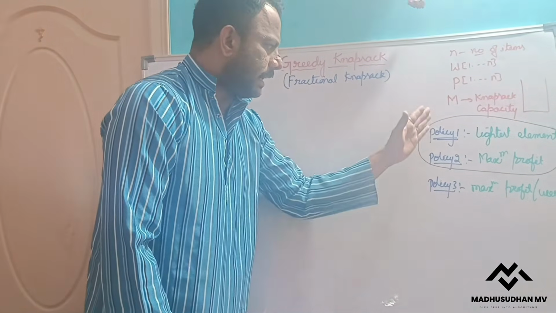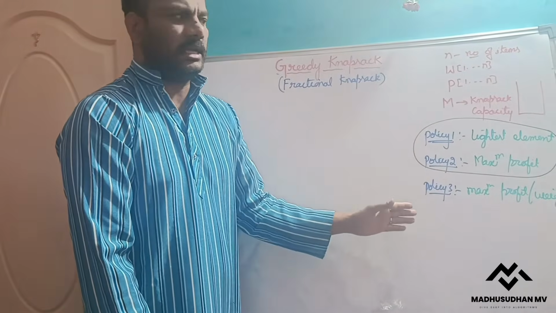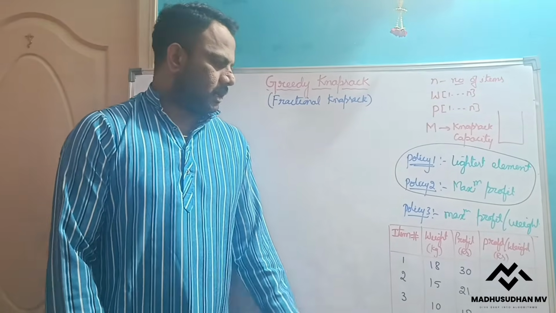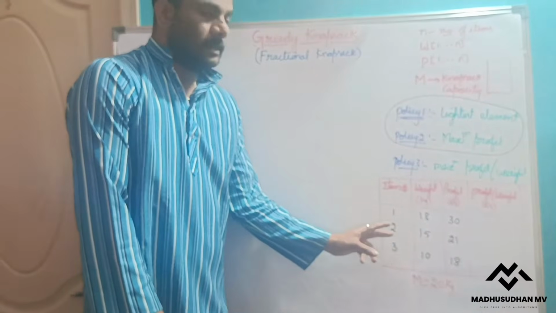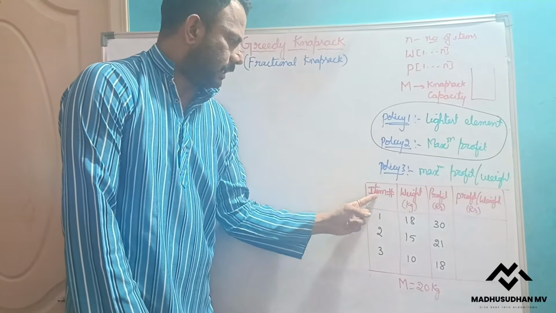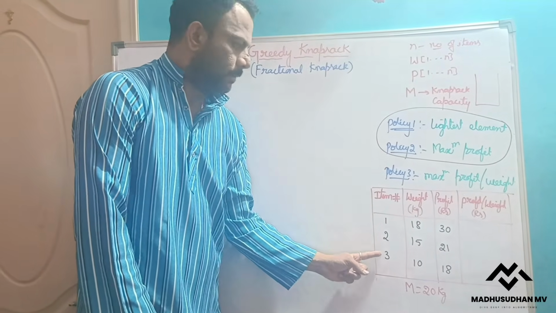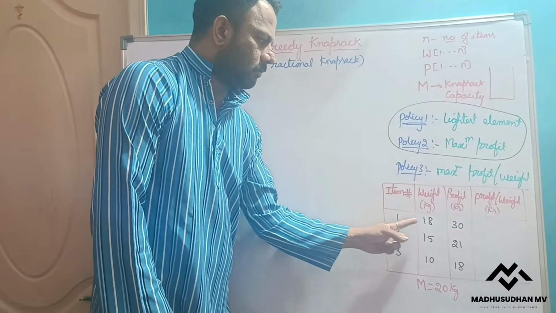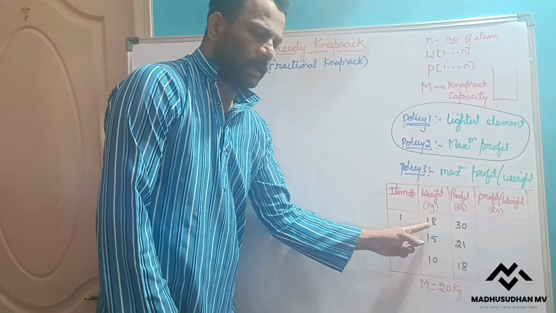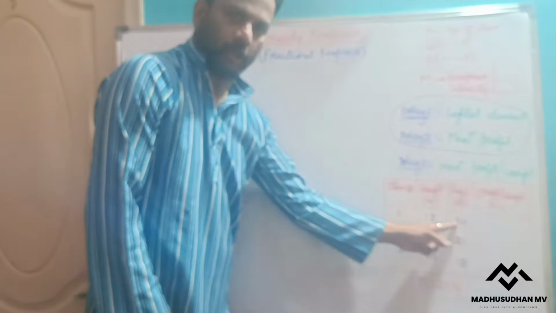Now to show the difference between these three, I will take one small example. Let us consider there are three items: item 1, item 2, item 3. Item 1 weighs 18 kg, and if I take the complete 18 kg, you get a profit of 30 rupees.